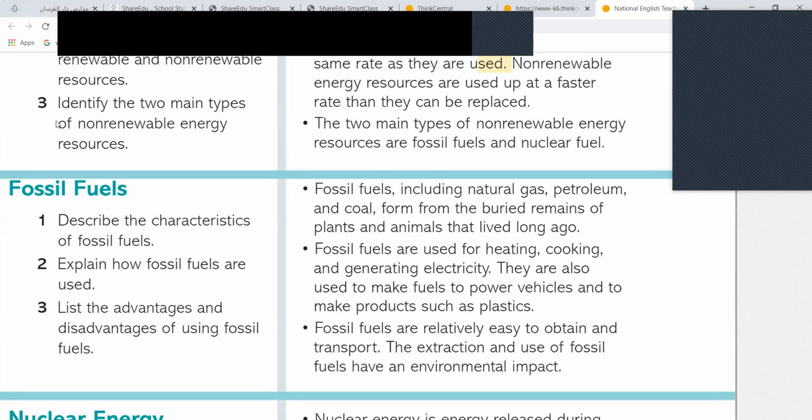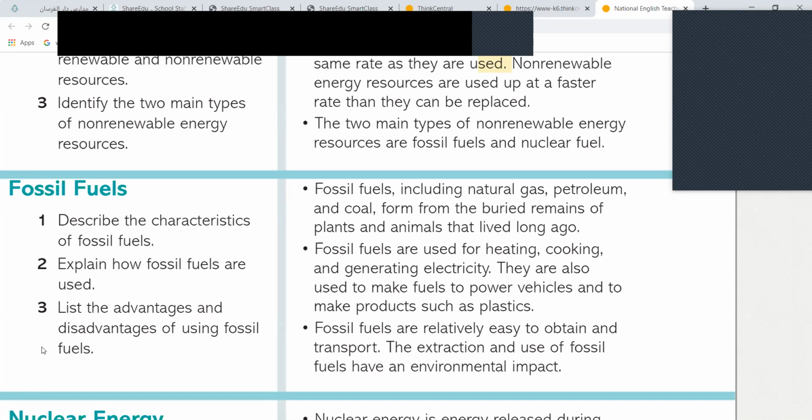Explain how fossil fuels are used. Where do you use them? I told you, in the kitchen. The gas your mom is using to heat up or to cook food, that gas is methane, called natural gas. They are also used to generate electricity.